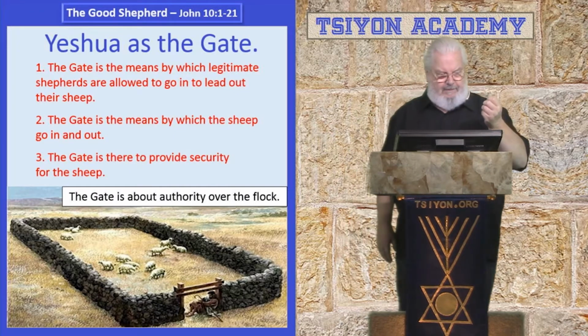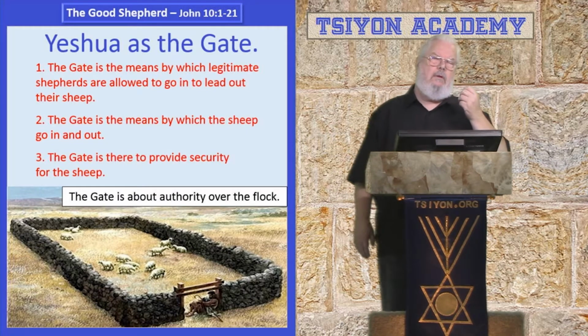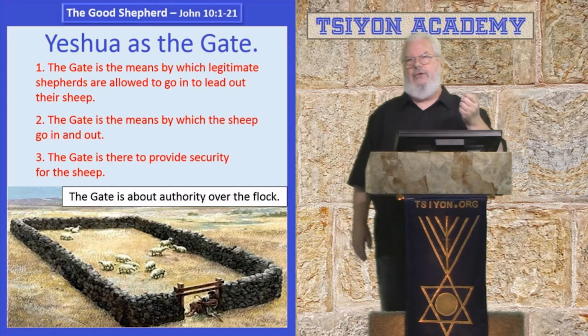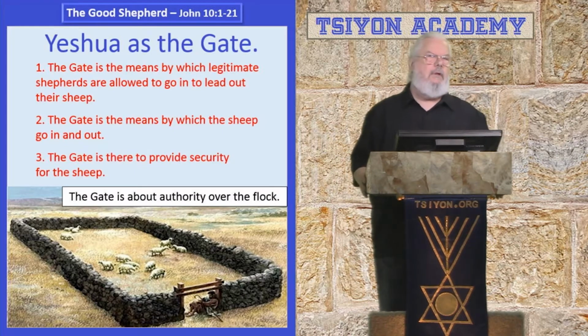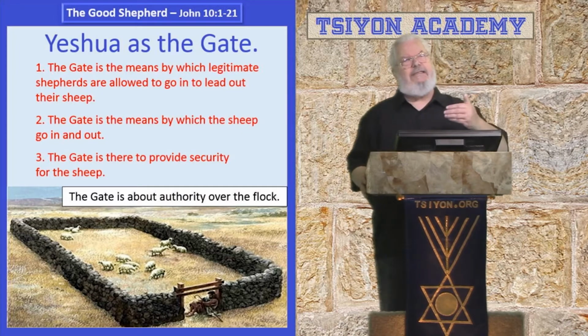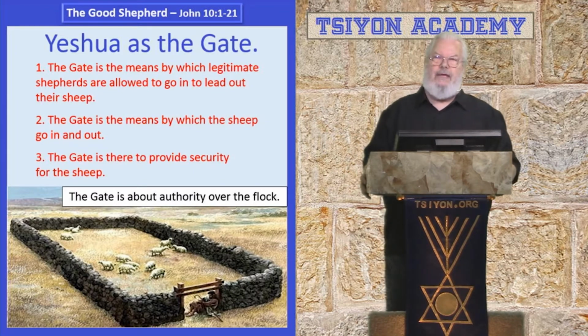The gatekeeper, or the head shepherd, is like the authority that gives you the card. That's really what's happening here. So to say that Yeshua is the gate is to say that he's the authority who decides who's going to go in and who's going to go out of that sheep pen.